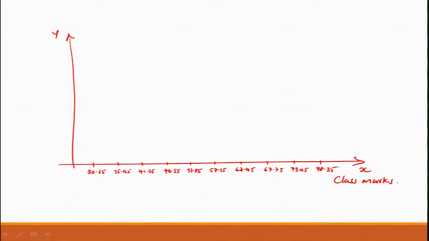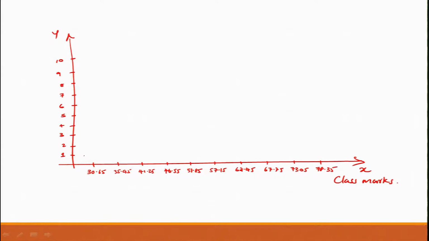So these are the class marks of the 10 classes you have, and let's put the counts here. So we will say 1, 2, 3, 4, 5, 6, 7, 8, 9, 10.